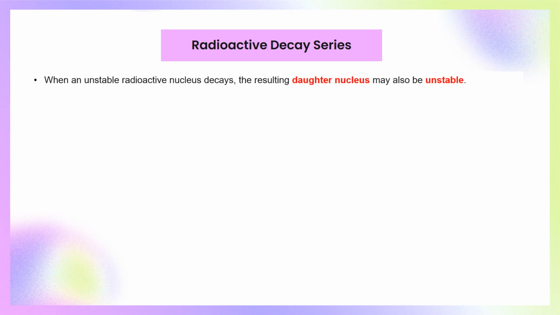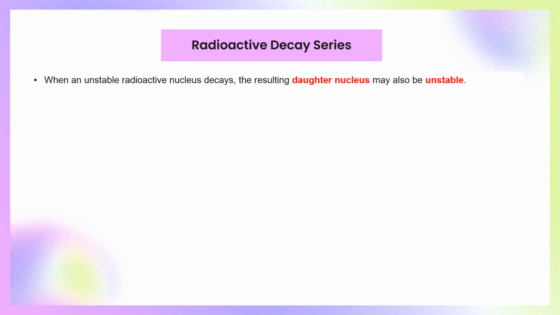For the next part, we are going to discuss radioactive decay series. When an unstable radioactive nucleus decays, the resulting daughter nucleus may also be unstable. This means the parent nucleus becomes a daughter nucleus, and if the daughter nucleus is still unstable, it needs to continue to decay until it becomes stable.